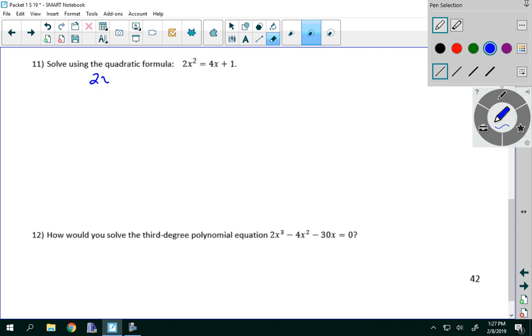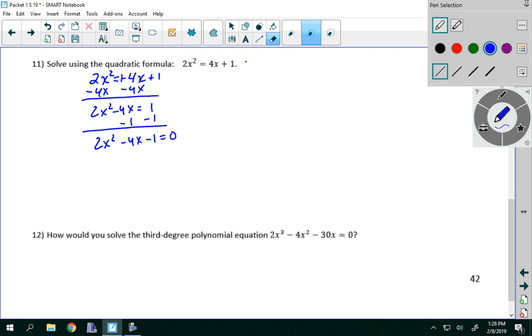One of the possibilities is to subtract x from each side, and then subtract 1 from each side. So this equation is equivalent to 2x squared minus 4x minus 1 equals 0.